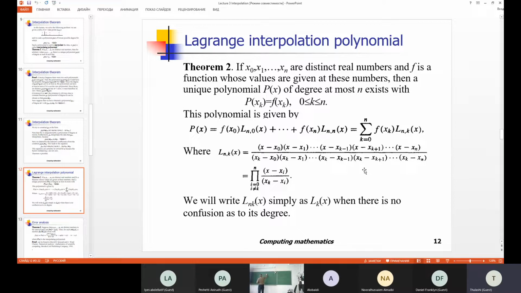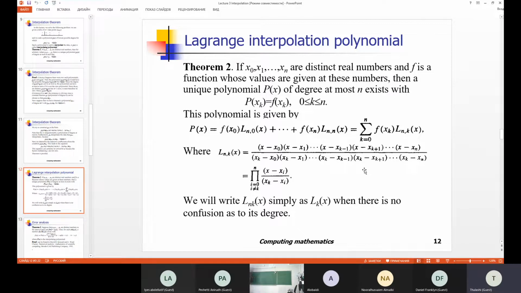P2 of x. How to write it? According to this formula, I should write f0 times L0 of x plus f1 times L1 of x plus f2 times L2 of x.